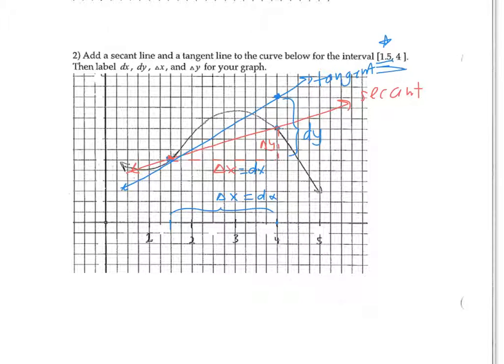If it makes it easier for you to see, you can mark these things on the left-hand side as well. So this would be dy, this would be dx. And here we have a case where dy is actually larger than delta y.